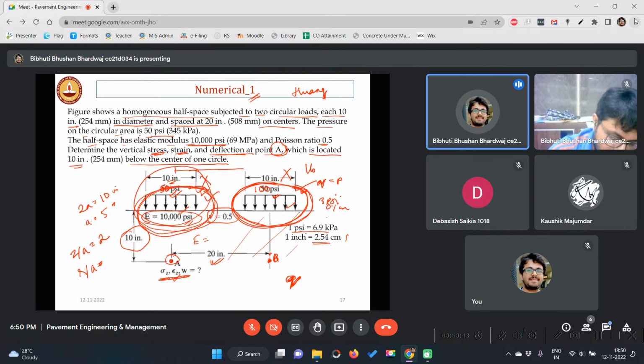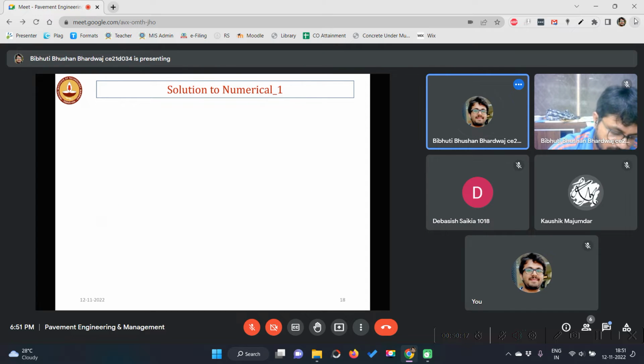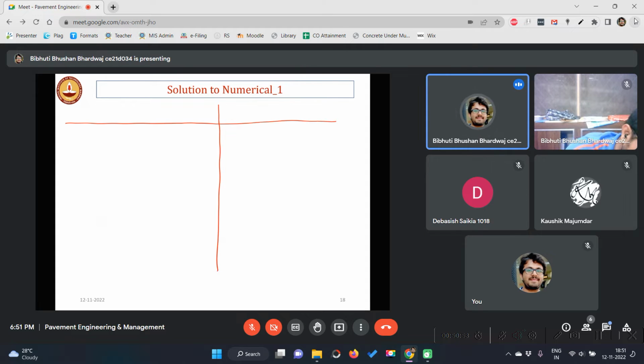Alright, anyway, so now we know how to approach this situation. So we'll make two columns like this: due to load 1, due to load 2.